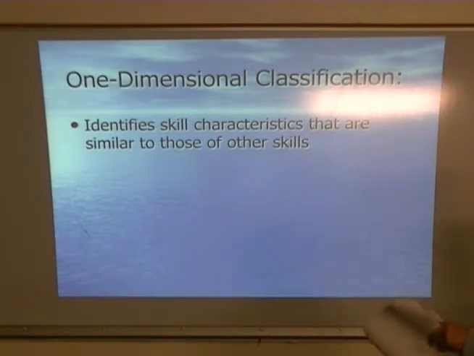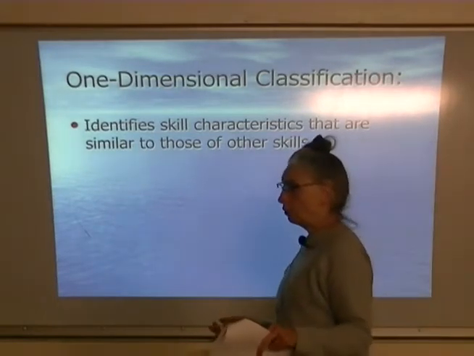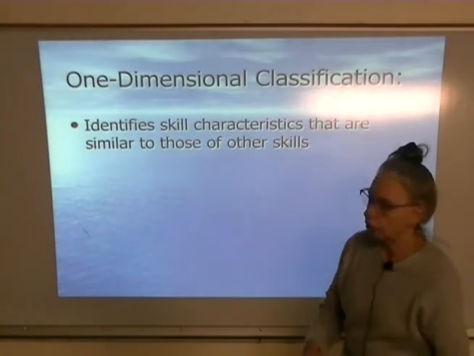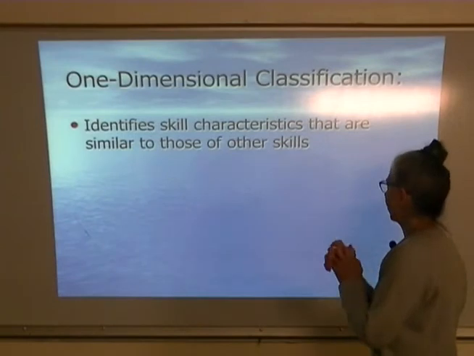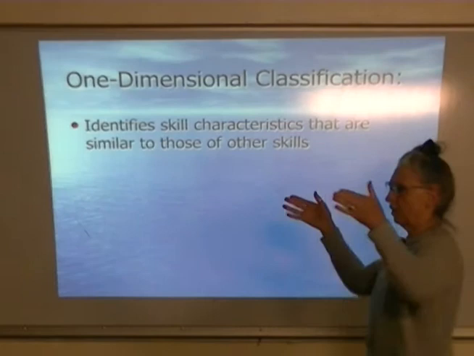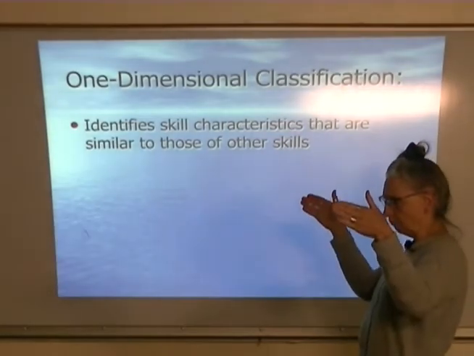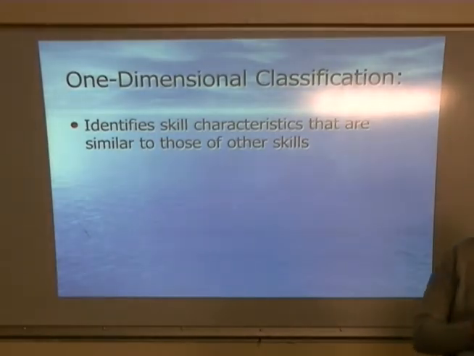So, our first classification approach is pretty old, and it's one that I learned when I was an undergrad, so it has been around for a long time. It's one-dimensional, so we look at the classification on a single continuum. And what we're doing when we use this version is identifying parts of the skill that we can say are similar within a group of skills, right?